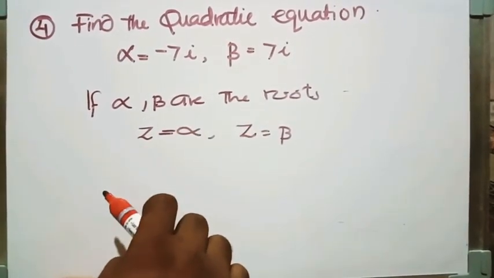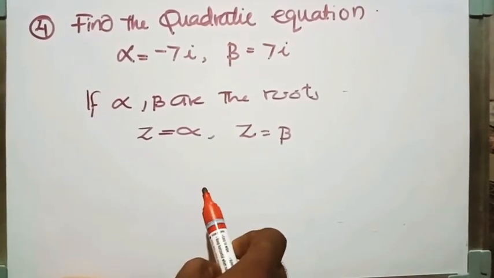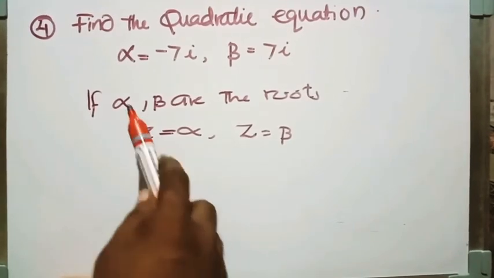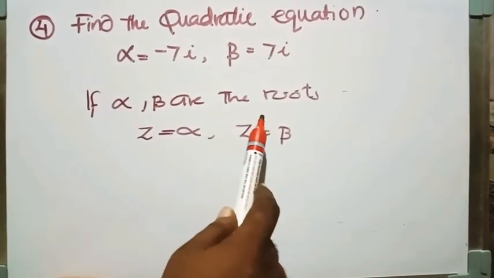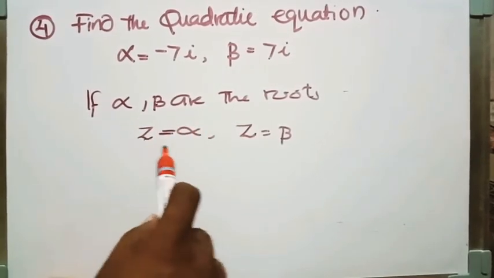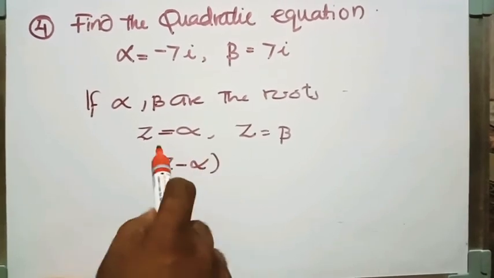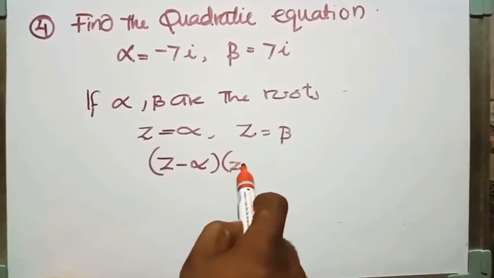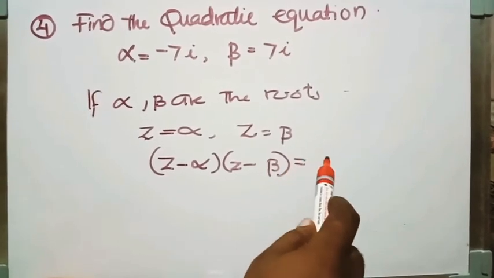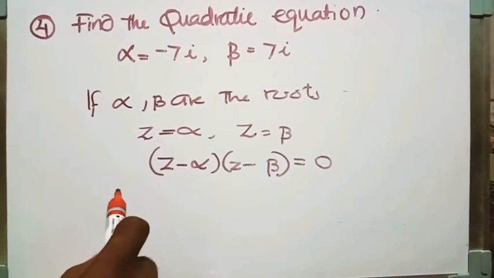What do you mean by roots? Roots are nothing but the solution, the value of the variable. Our variable is z. So if alpha and beta are the roots, that means z is alpha and z is beta. That means our factors are z minus alpha and z minus beta. And if we multiply these two, we get the quadratic equation.